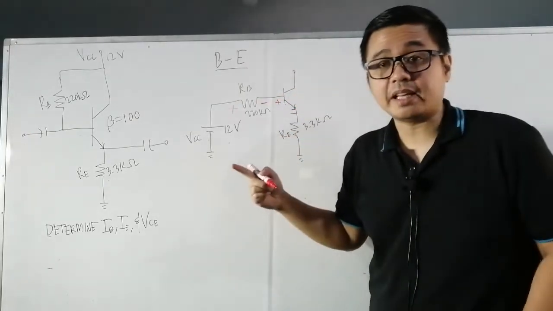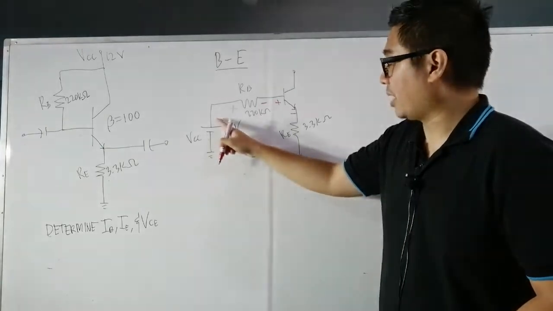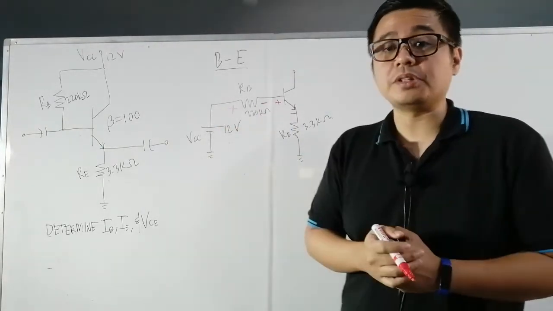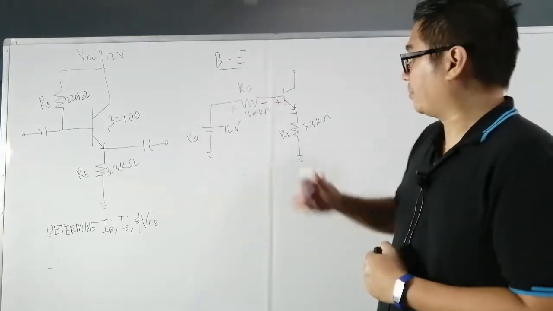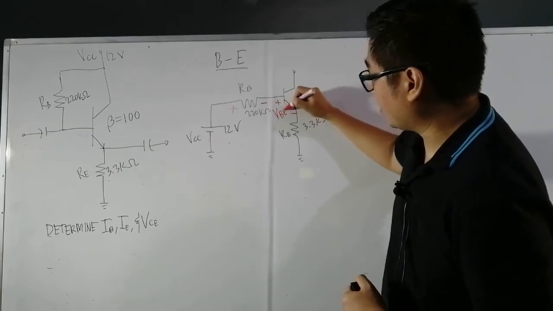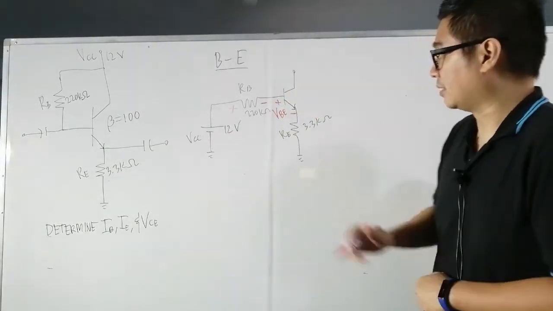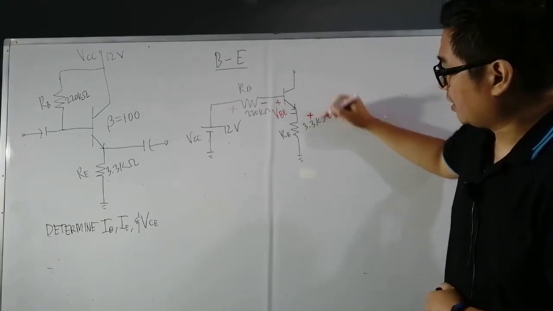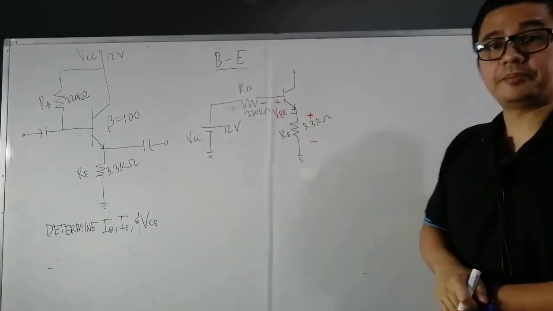So, tignan natin, naka-forward bias ba yung base emitter junction? Positive to P-type, negative to N-type, yes. Therefore, magkakaroon tayong 0.7 volt voltage drop between the base and emitter junctions. So we will call that VBE. Right? Positive yung taas ng RE. And negative naman yung nasa baba niya.